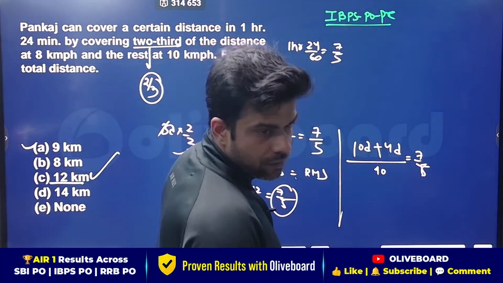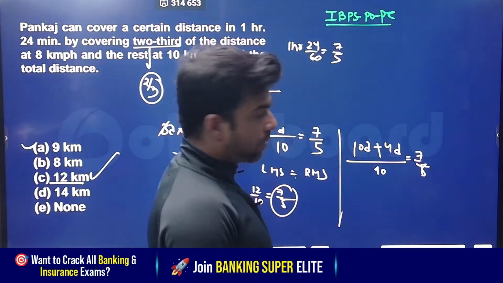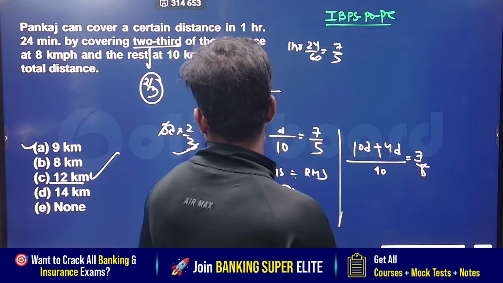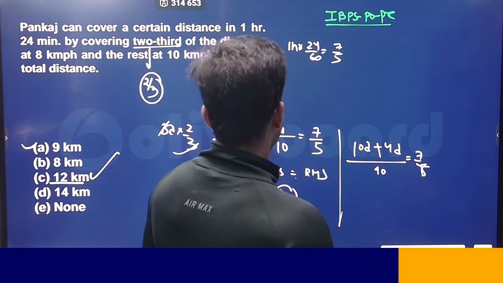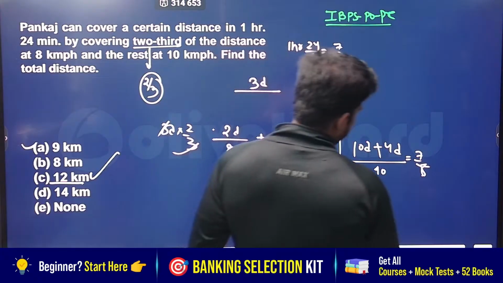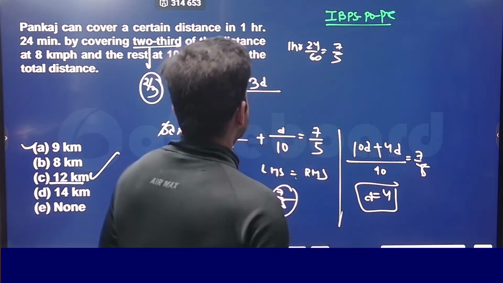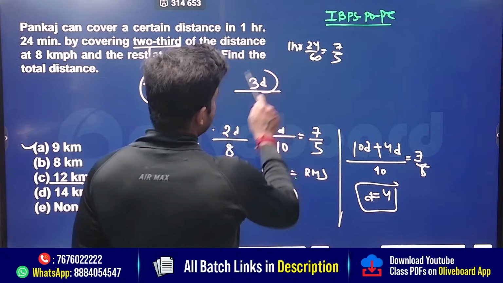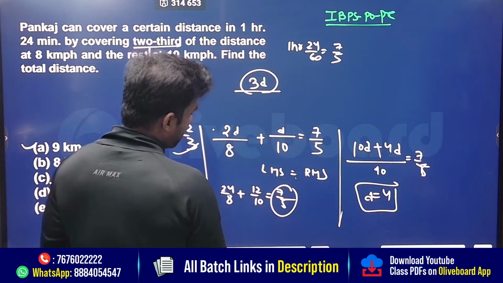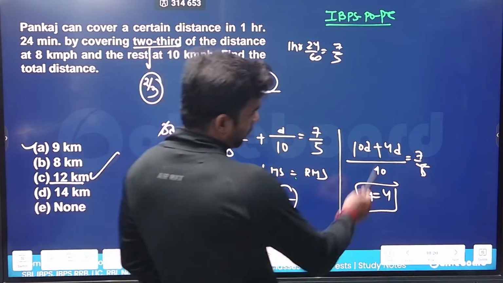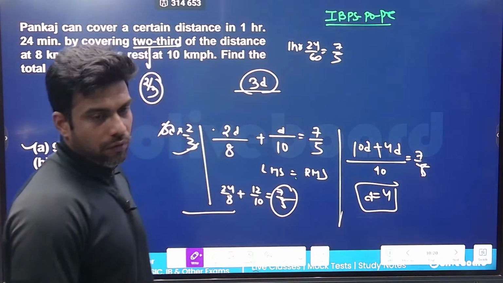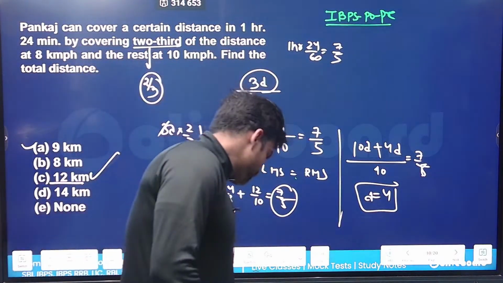Find the total distance, that's what they're talking about. From here you will get that d value is 4. So total distance is 4 3s are 12 again. So two options are there. Either you can put the value, or again you can go for finding out the value of d.